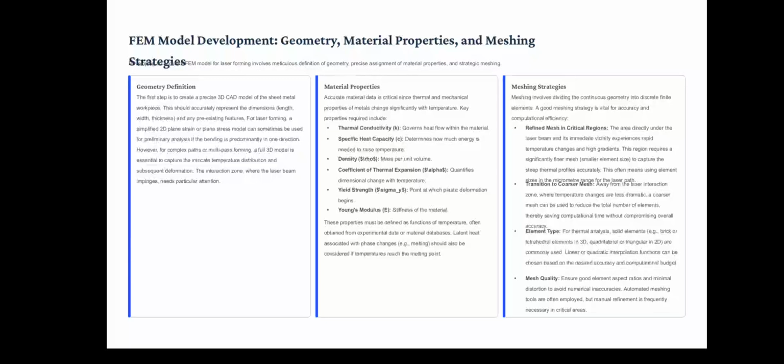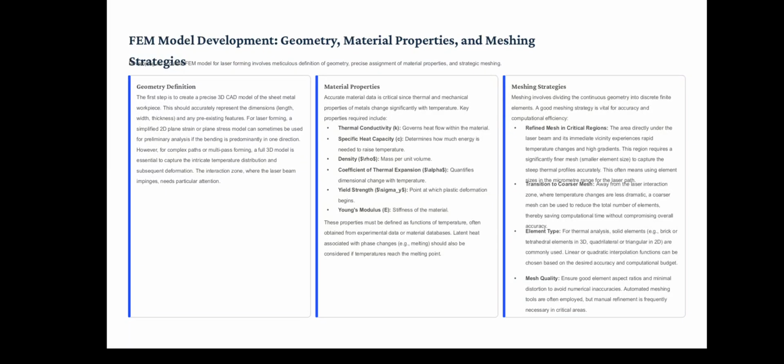This should accurately represent the dimensions, width, thickness, and any pre-existing features. A simplified 2D plane strain or plane stress model can sometimes be used for preliminary analysis if the bending is in one direction. However, for complex paths or multi-process forming, 3D is needed.